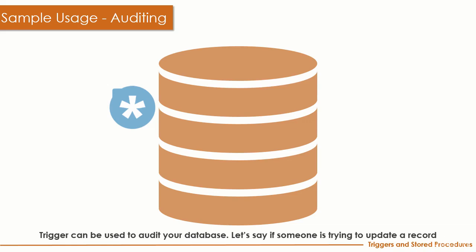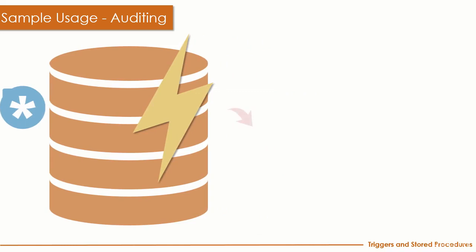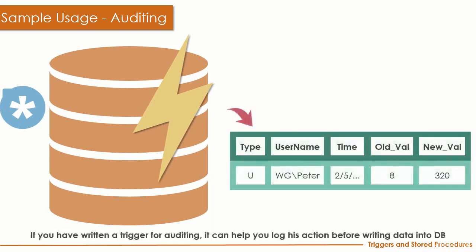Let's say someone updates the database, of course through some information system rather than typing SQL. Then the trigger will be executed and it can record the changes in a log in the database.